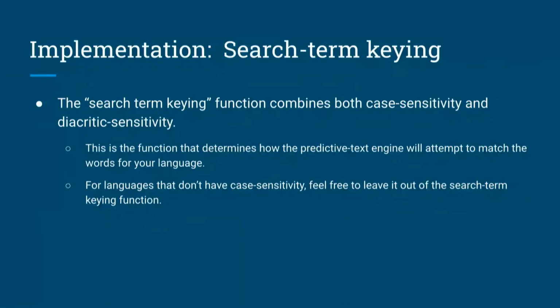So for that, we have something that is termed search term keying, which I've actually come to think of as a diacritic insensitivity. Like you have case sensitivity, when it comes to predictive text, you can think of there also being a diacritic sensitivity and insensitivity. Users often, when lazy, will be like, that diacritic doesn't matter, I don't need to type that.